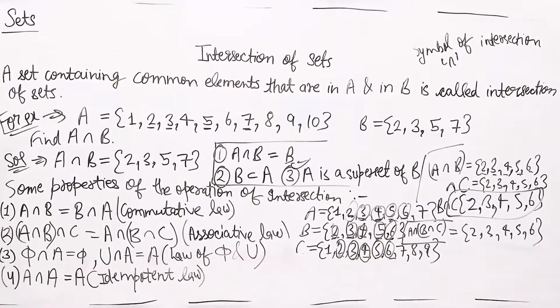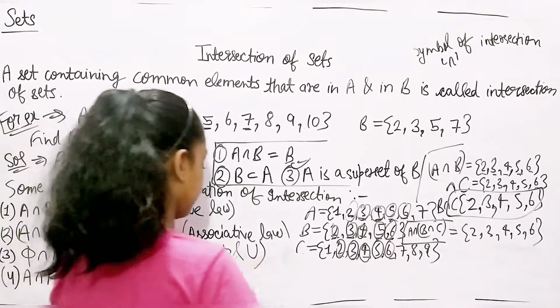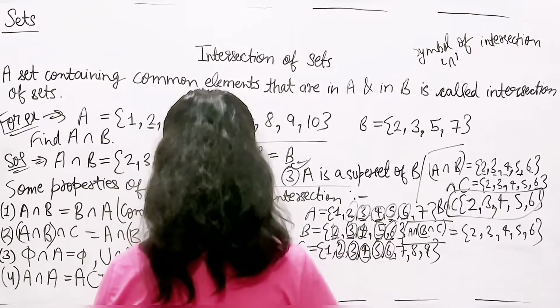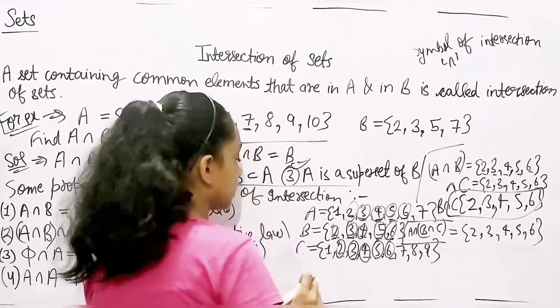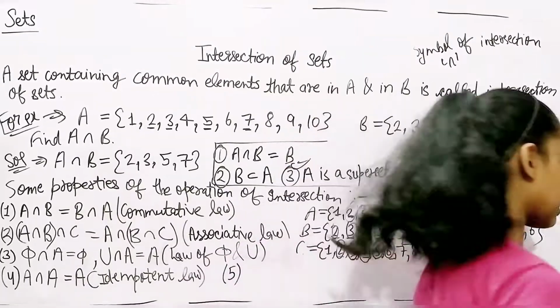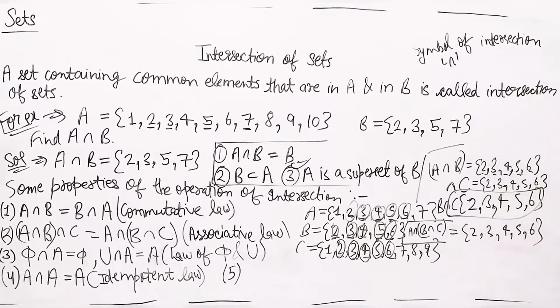And so now our fifth one. The fifth property we'll have is going to be a little bit different from that in union of sets. Let's take 3 sets: set A, set B, and set C. Got it?